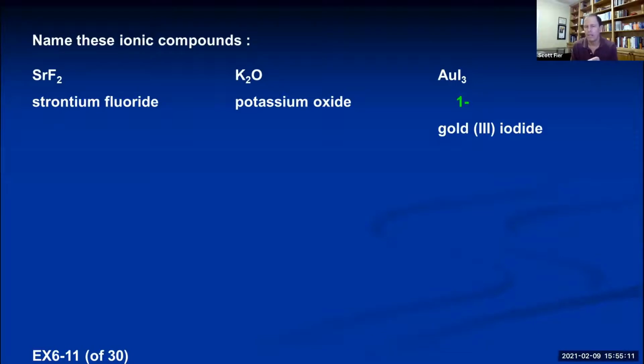A lot of the elements that have their symbols from Latin roots, iron's another one, ferrum, a lot of times you'll see them name the ions of gold or the ions of iron with their old Latin names. The gold(III) ion is sometimes known as the auric ion. So you may actually see this written occasionally. This is called auric iodide because the gold(III) ion is called auric.